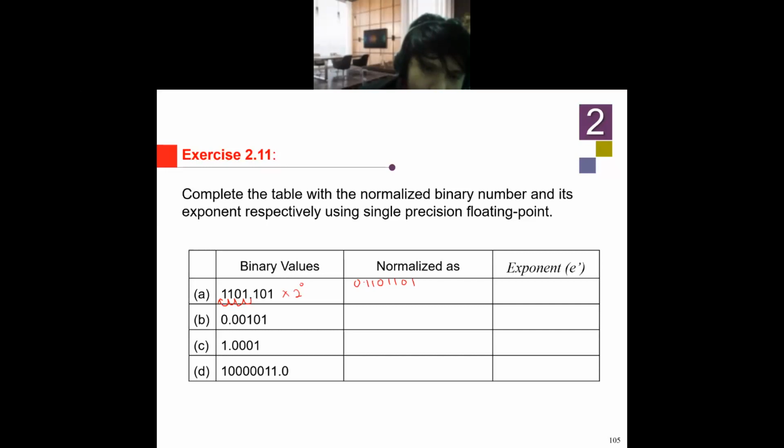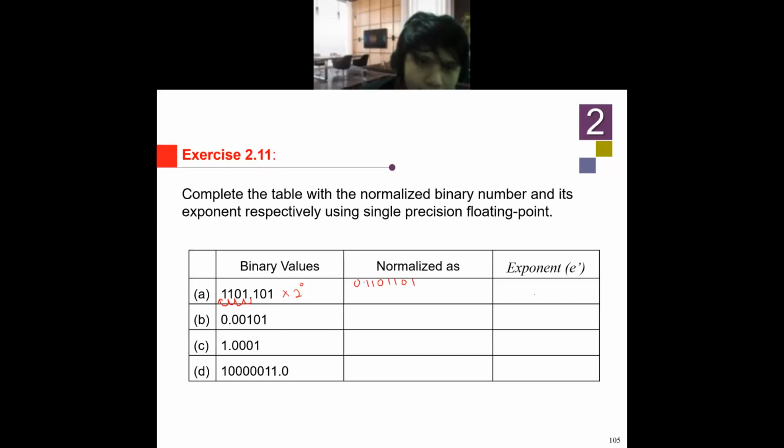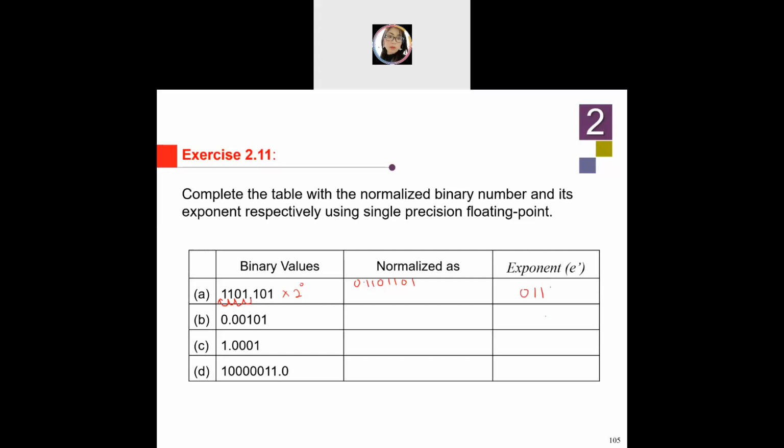The exponent, two times, the binary sign for 7 once again. The exponent will be 0111.